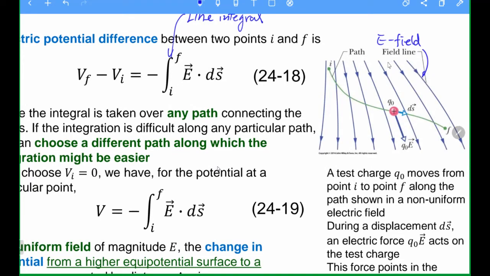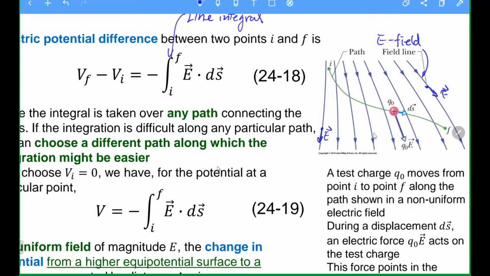So this is the E field line. At this point, the E field is pointing that way. At this point, the E field is pointing this way. And this is the E field at this point.